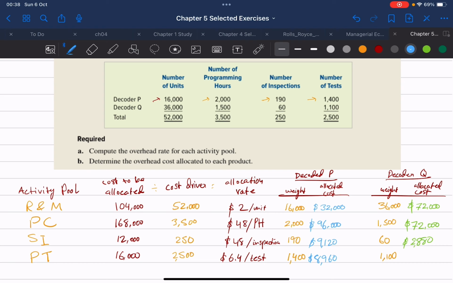And for decoder Q, 1,100 tests multiplied also by $6.40. That will be $7,040. Sorry. Let's use green again. $7,040.